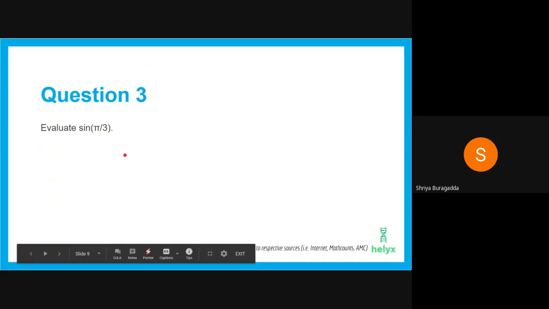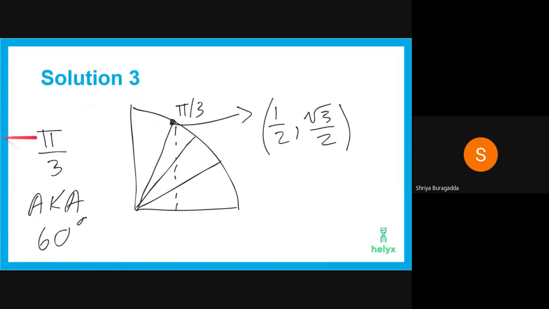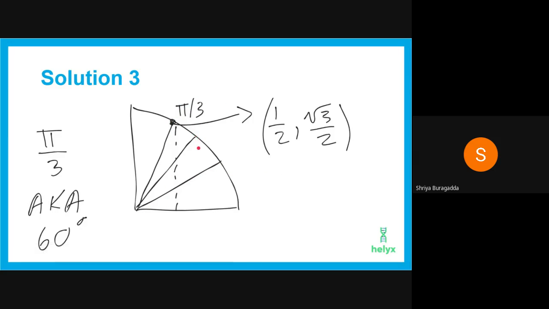Okay, so let's go over this one. Again, it's pretty simple. Pi over 3 converts to 60 degrees if you multiply by 180 over pi, going from radians to degrees, but you don't really need it. Just looking at the unit circle, the pattern is pi over 3, pi over 4, pi over 6, going this way.